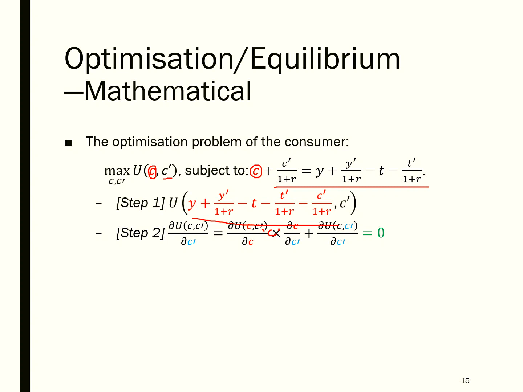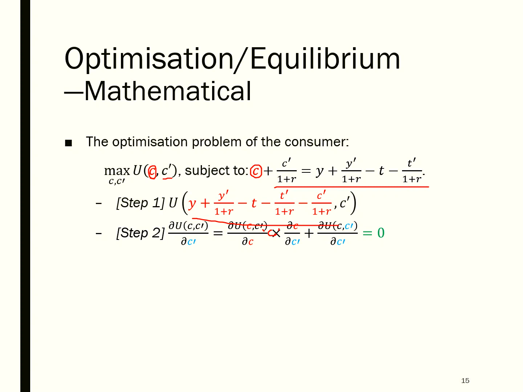Now that C is substituted out by C prime, a change in C prime has two effects on the utility. There is a direct effect of C prime on the utility, and an indirect effect via C on the utility, because the change in C prime will affect C, which in turn affects the utility.